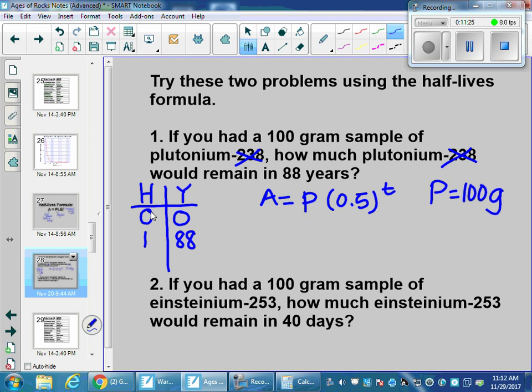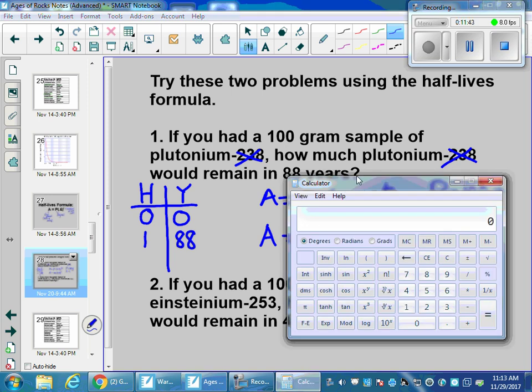So hey, that's the amount of time they're talking about. We know that our half-life is equal to 1, so T is equal to 1 half-life. If we put that back into our equation, 100 times 0.5 to the first power. Then you can go ahead and put that in the calculator.